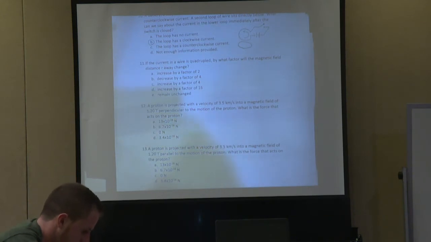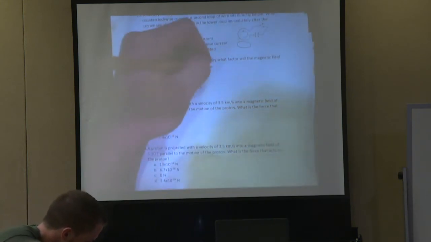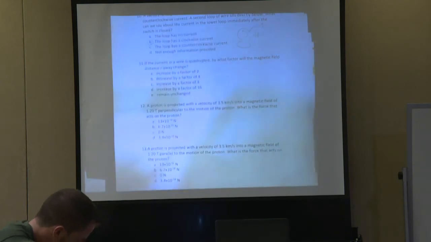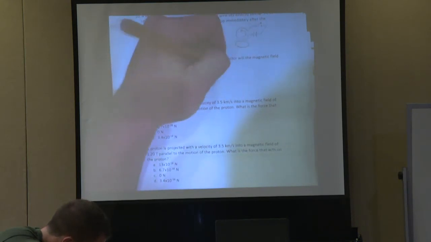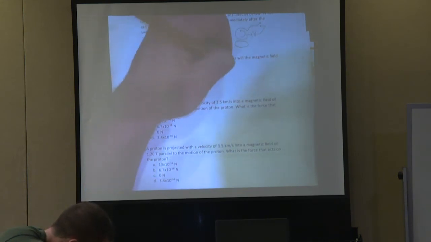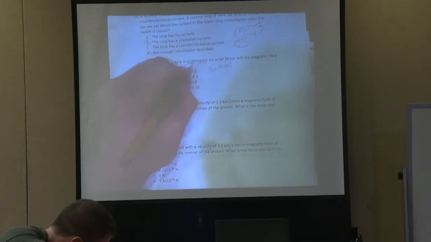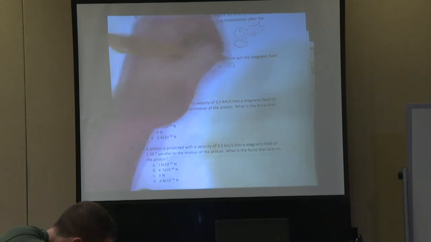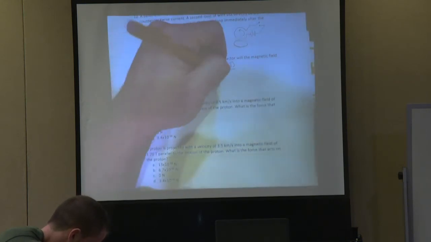If the current in a wire is quadrupled, by what factor will the magnetic field distance R away change? So let me use B equals, not I, we're doing quadrupled, so I'm multiplying I by 4, and then divided by 2 pi r.